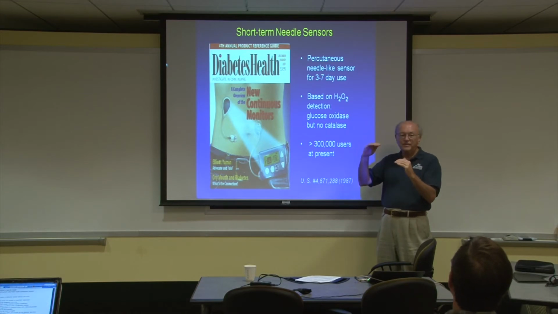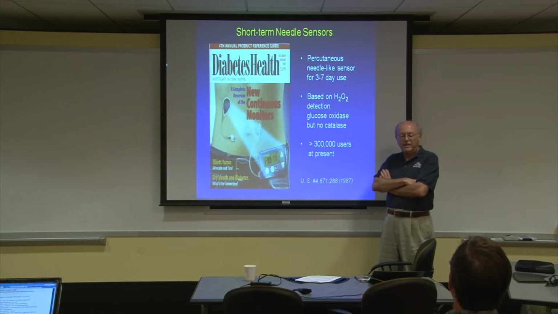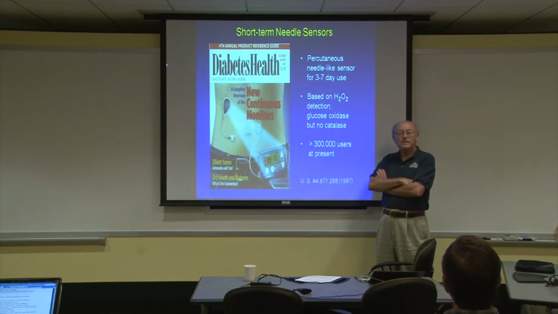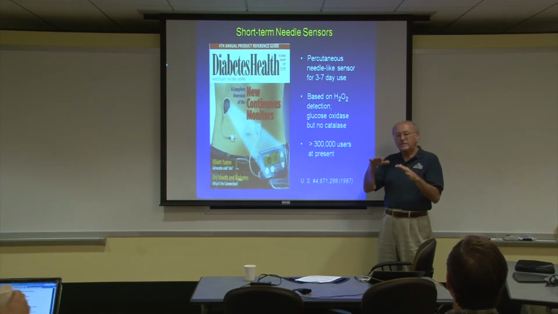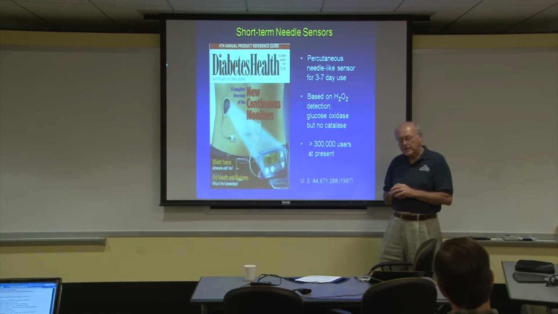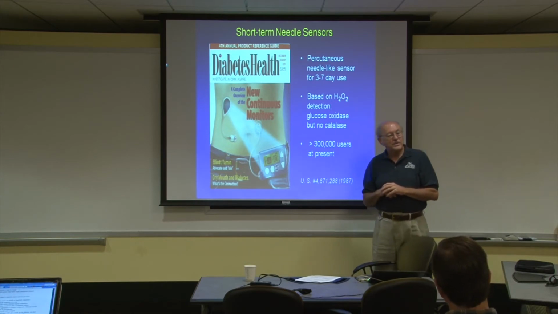You don't know what the absolute number is, unless you do finger sticking. But it could be used to follow trends. So they went to the FDA with that labeling plan and said, this sensor is not a glucose sensor, it's a glucose trend analyzer.